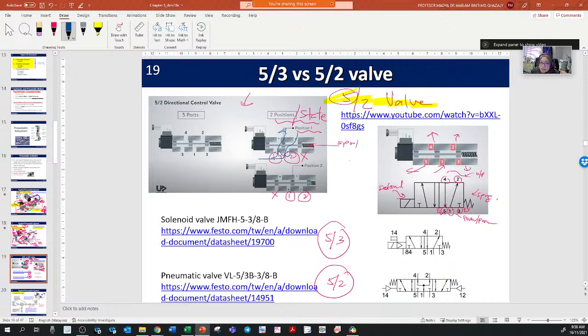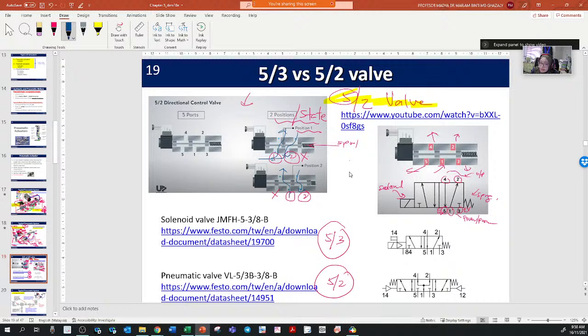So basically you have only 2 ports active and another port is closed. Same thing for the other side, you have in here and out here. So this only indicates that you have 2 states.